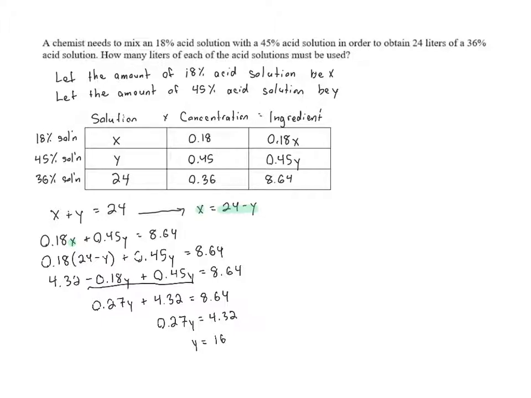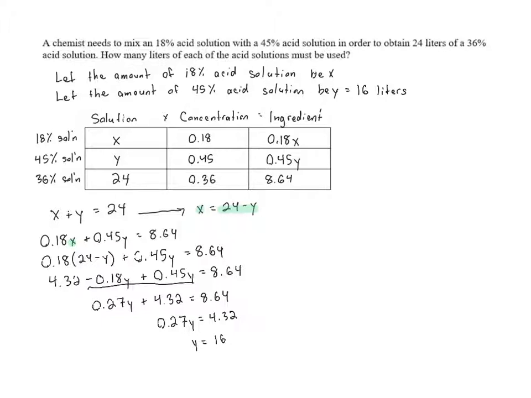Going back to our let statements, we know that y is 16, and we know that that's the amount of the 45% acid solution. So we've got 16. And since the solutions were measured in liters in this problem, that's going to be 16 liters.